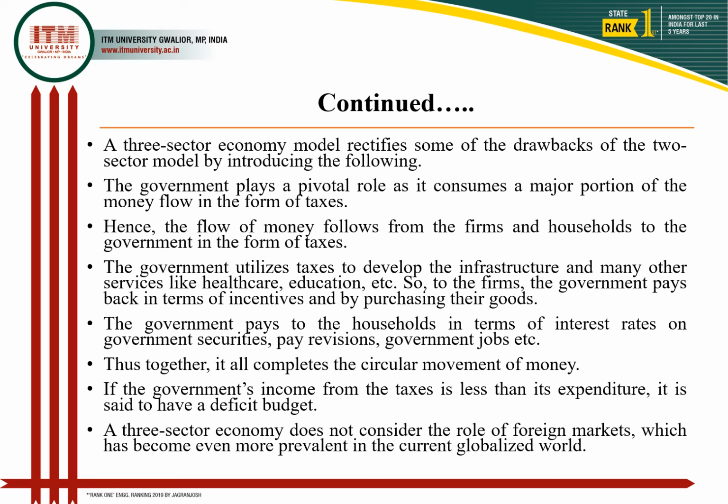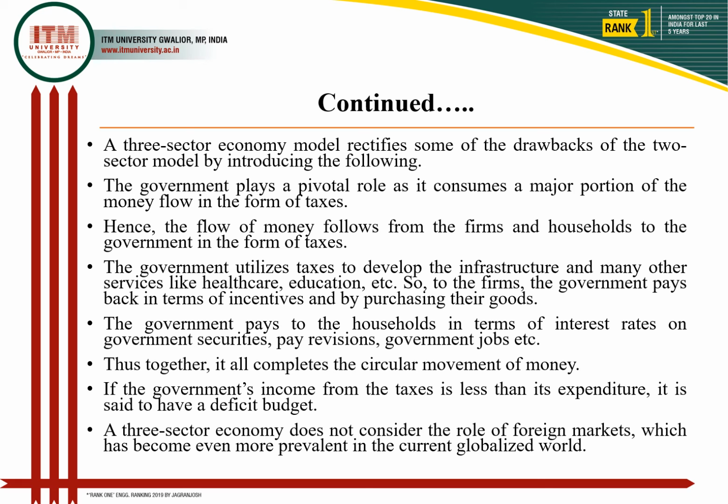So the government is going to be a major component in the financial market, in the form of taxes, subsidies, loans, and all these things, and these are essential to complete the circular movement of money in the economy.